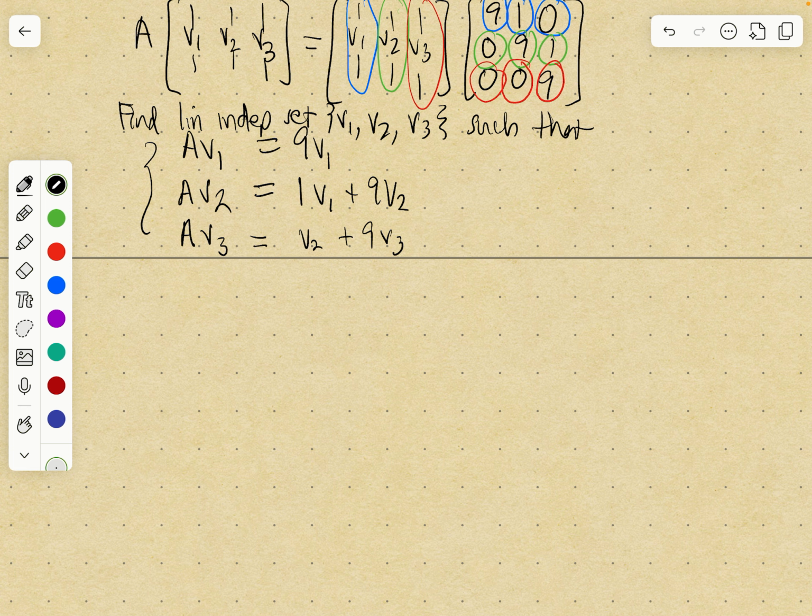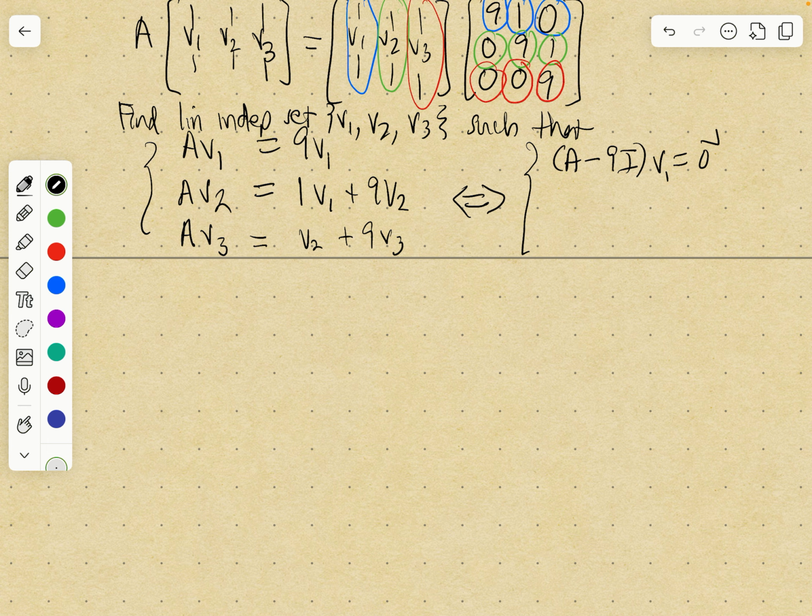Before we start, we can rearrange things a little bit. The first equation I'll keep the same. That's really the same as finding an eigenvector with eigenvalue 9. We can write this as (A minus 9I)v1 is the 0 vector.